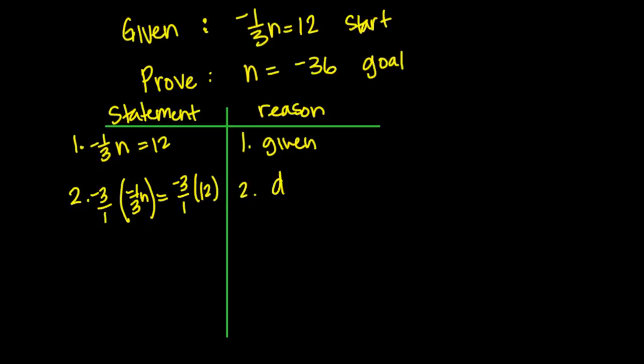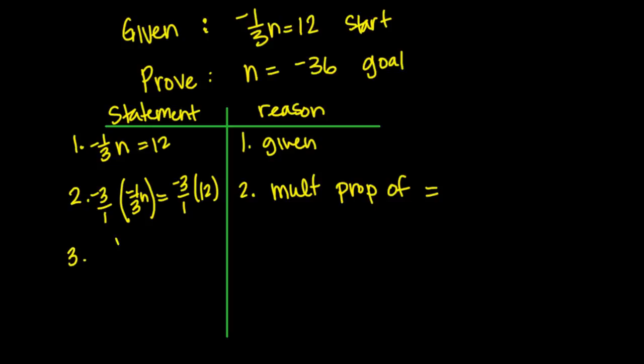And this is the multiplication property of equality. In an equation, I can multiply both sides by a number, and it's totally legal. So that's what I'm doing.